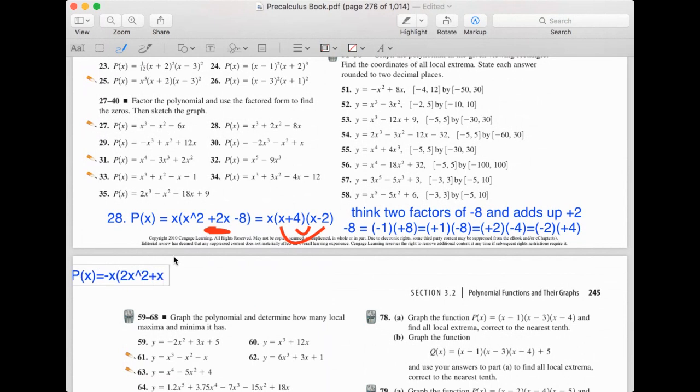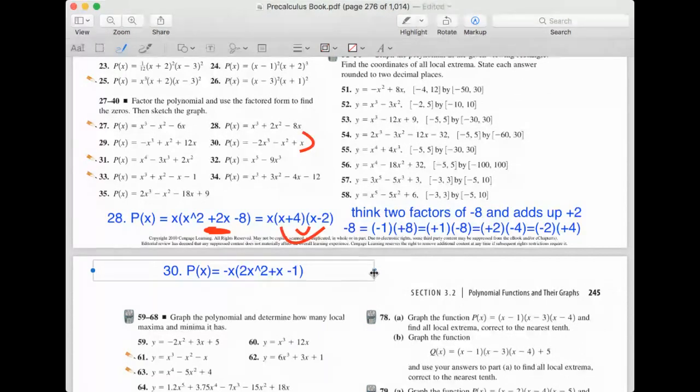Then plus x: negative x squared, I factor out negative x, I have x left. Then minus 1: negative x times negative 1 still gives me positive x. So I just rewrite this function into this form. I factor out the negative x.